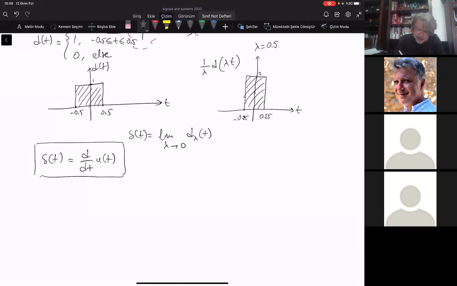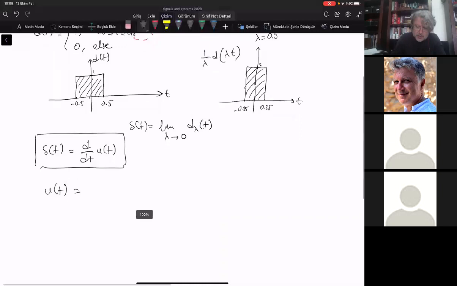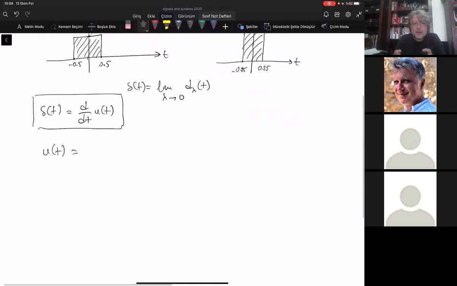So the integral of delta t will give you u of t. If delta t is the time derivative of u of t, then u of t is the integral of delta t, isn't it? It's the fundamental theorem of calculus, the inverse relation between a time derivative and time integration.